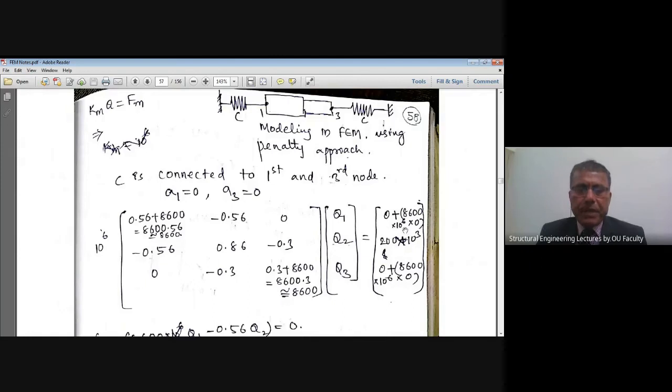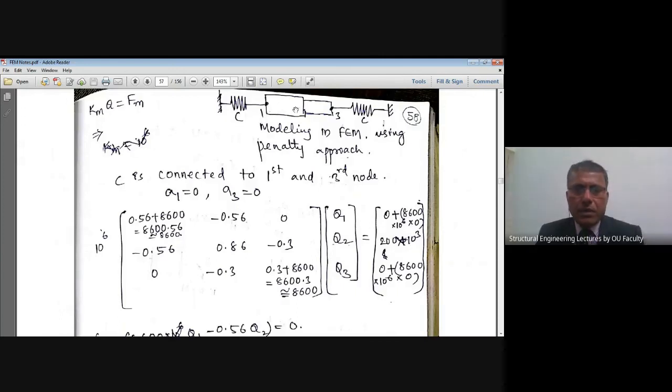And because of this modeling using the penalty approach, now I do have contributions from the spring, right? This spring is also contributing by C multiplied by A1, but C is a huge value, 8600 times 10 to the power 6, but A1 in reality is equal to 0, hence multiplied by 0 means there is no contribution by this spring on the modified load vector.